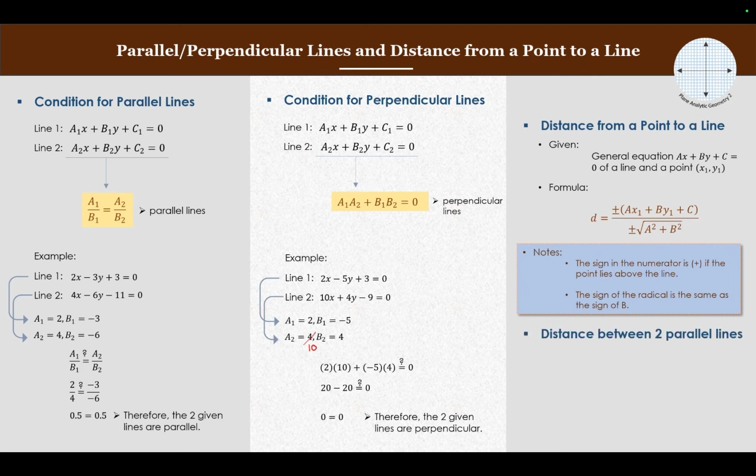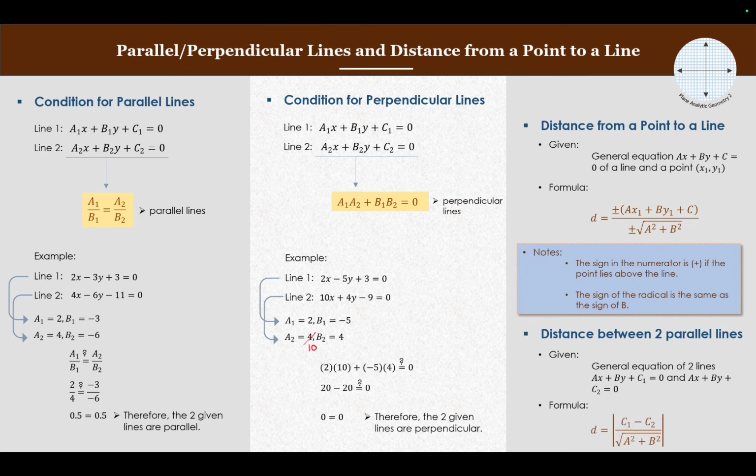Lastly, we have the distance between two parallel lines. So if the given is the general equation of two lines, they have equal values of a, equal values of b, but they have different c values.